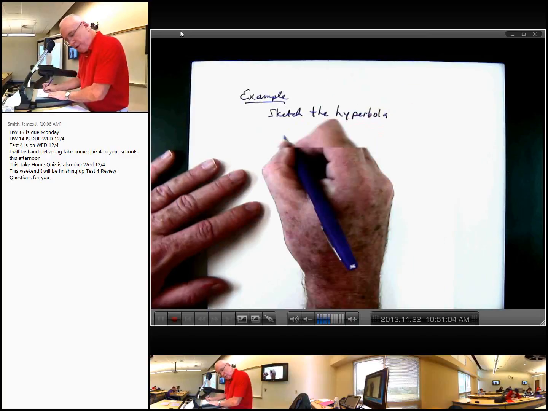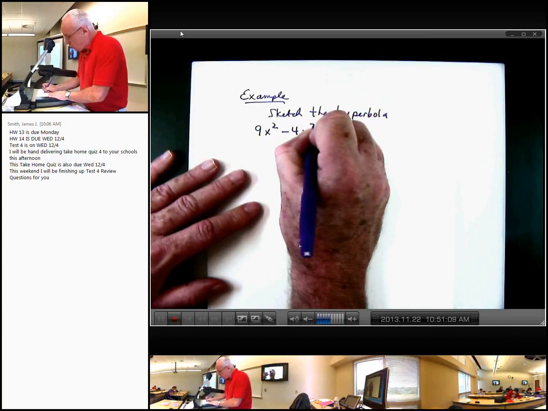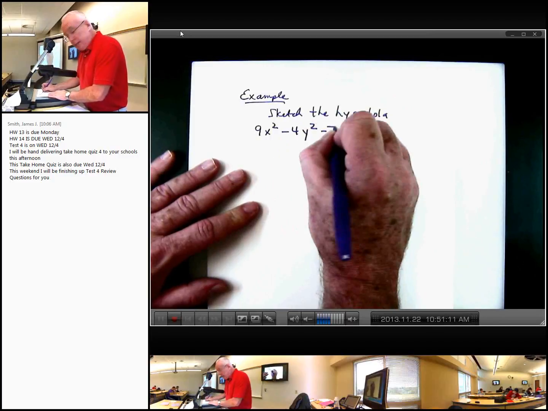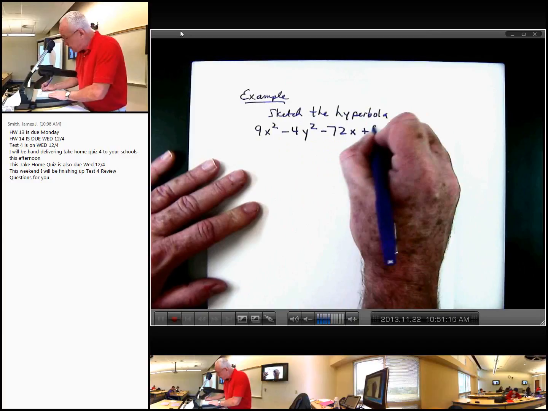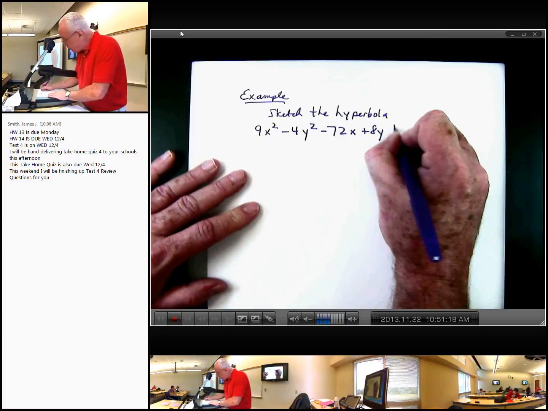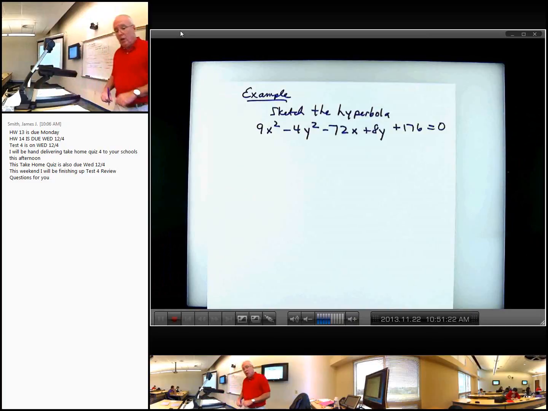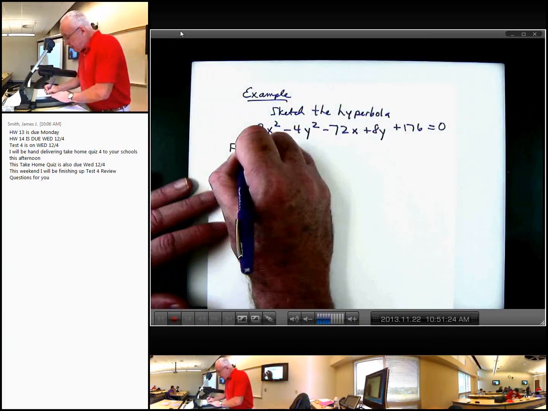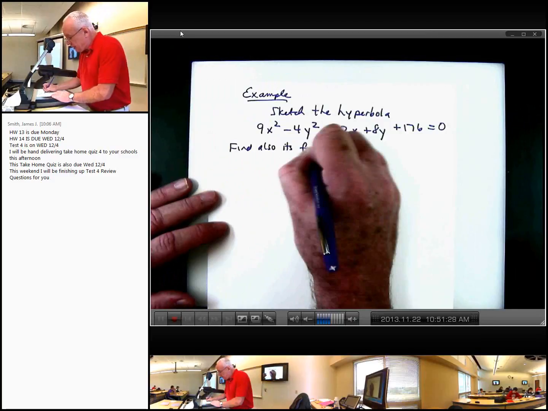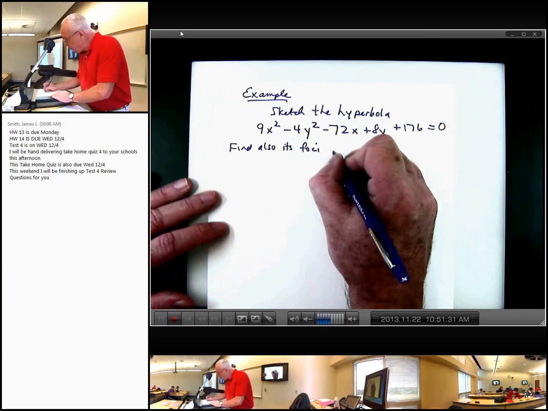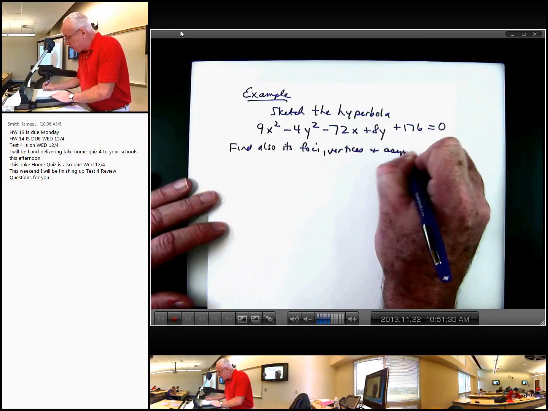And here's its equation that we're given. 9x squared minus 4y squared minus 72x plus 8y, oh boy, plus 176 equals 0. Find also its foci, vertices, and asymptotes.